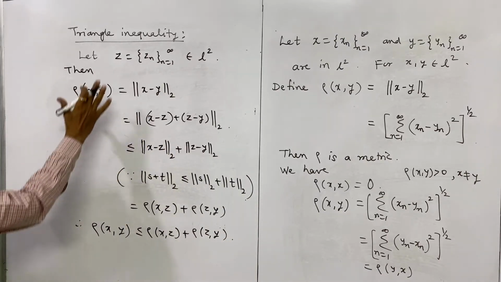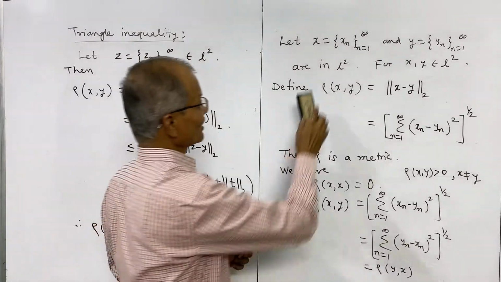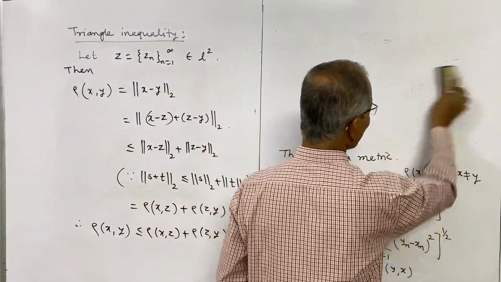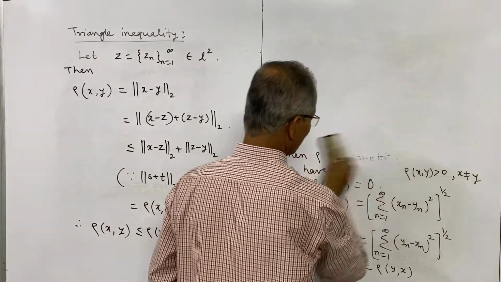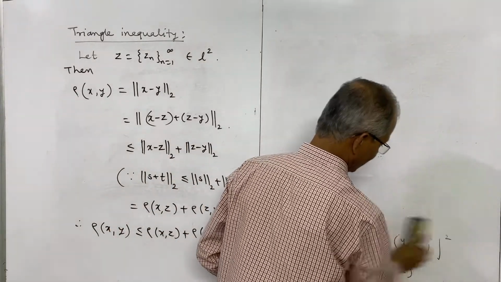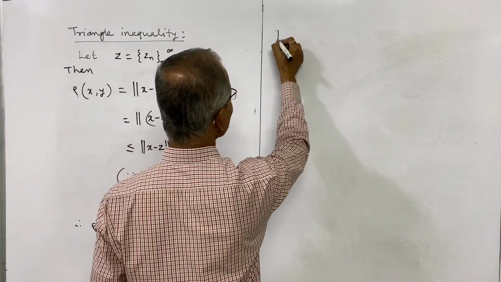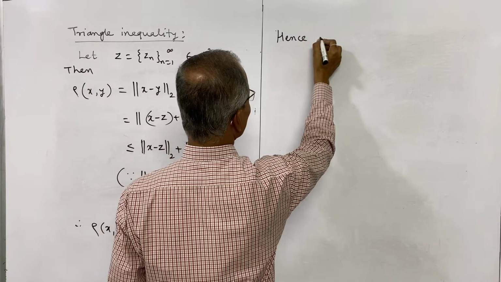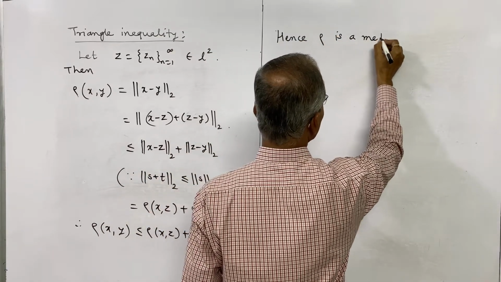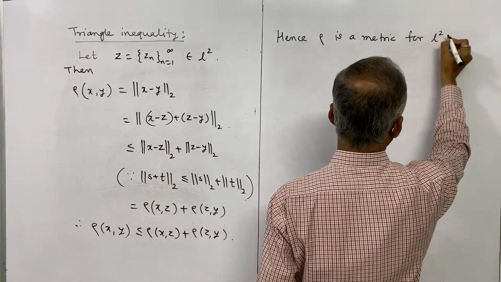Hence the triangle inequality is satisfied, and thus rho is a metric. All the four properties we have verified, and this rho becomes a metric. Hence rho is a metric for L2.